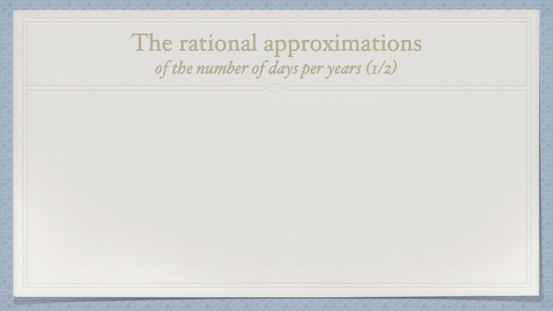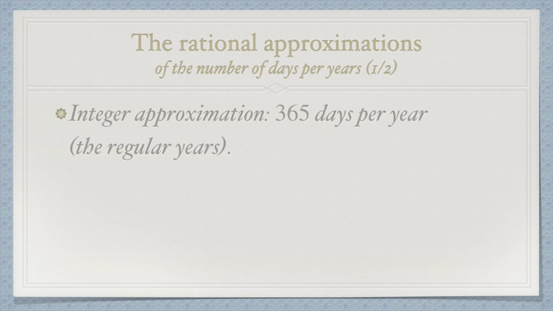But let's finish with a bit of theory. We did the rational approximations of the number of days per year. We started with an integer approximation, 365 days per year. It is the regular years that have 365 days.